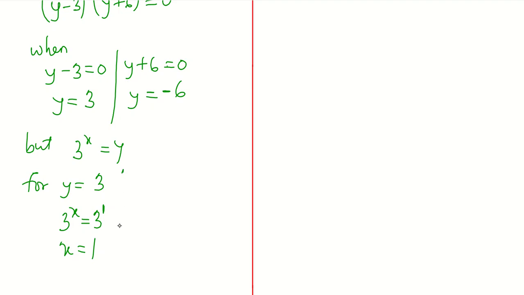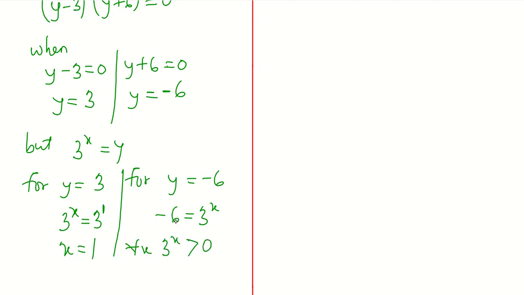Now when we come here for y equal to minus 6, how then do you find the value of x? It means that minus 6 is equal to 3 exponent x. Now this is how the equation comes in. When one of the roots of the quadratic equation is negative, or both roots are negative, we say that there is no solution, because we believe that for all values of x, 3 exponent x should be greater than 0.